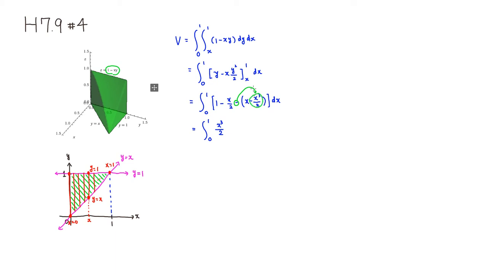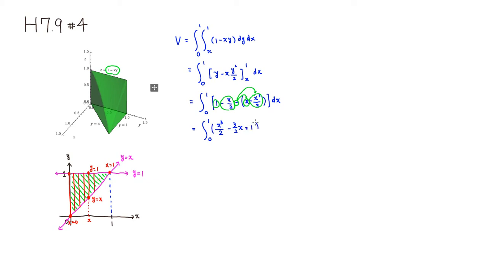The next term would be the x term. You have a negative x over 2, and you have another negative x, so this is going to be negative 3 over 2 x, which takes care of negative x over 2 and negative x. And the last term is a constant term, so we're going to have a plus 1.